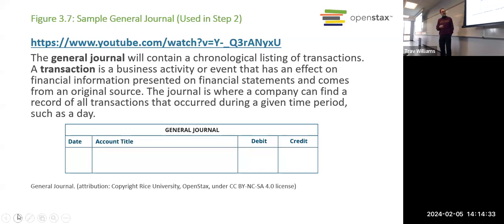Now, our debits are always going to equal our credits. Let's say you make a sale for $1,000 and you got paid $1,000 by the customer. Well, you would debit cash $1,000, and you would credit sales. So when a sale happens, you record that on the credit side.